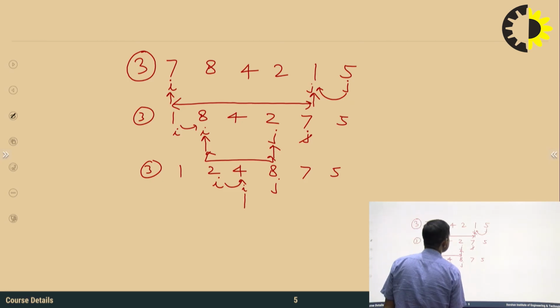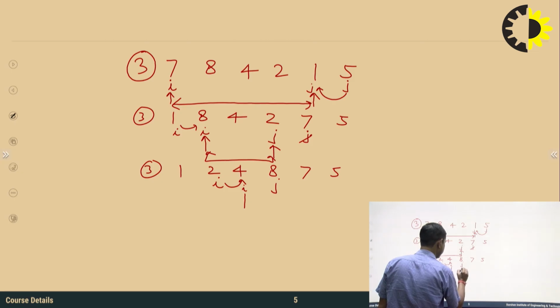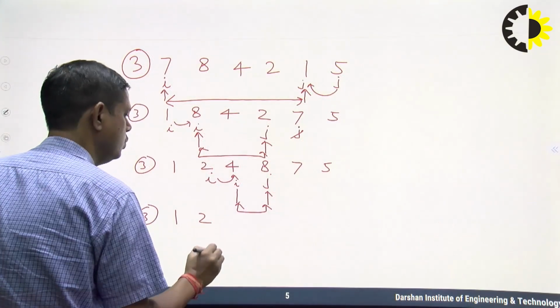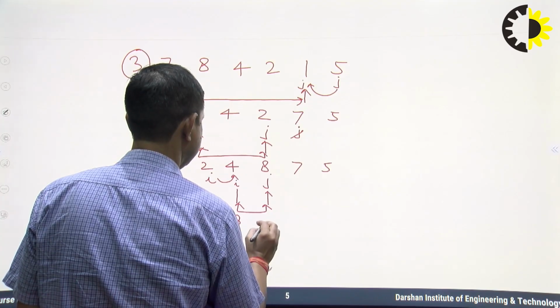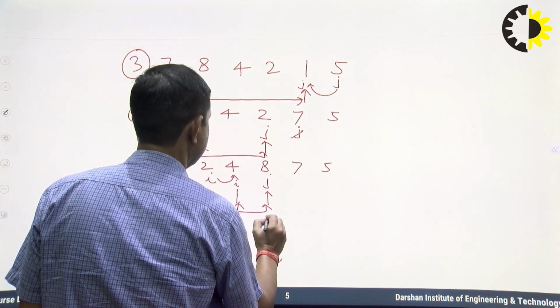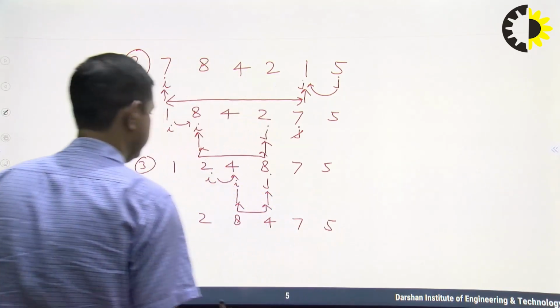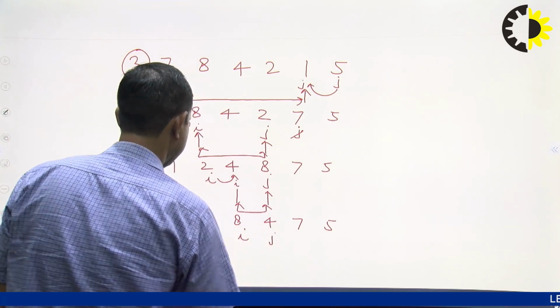Then अब हम कंपेयर कर रहे हैं, J को मैंने 3 से कंपेयर किया, 8 जो है बड़ा है, तो मेरा J यहीं पे स्टॉप हो जाएगा. तो मैं इन दोनों को आपस में एक्सचेंज करूंगा, that is 3 1 2 8 4 7 and 5. So that is our J और that is our I.